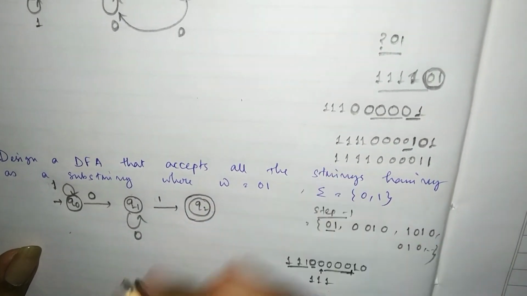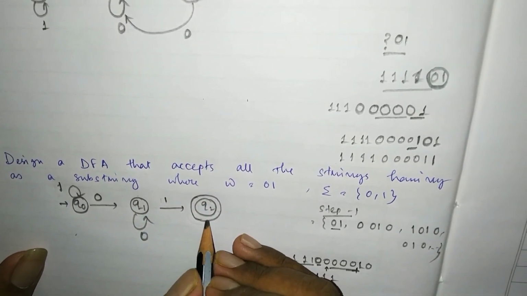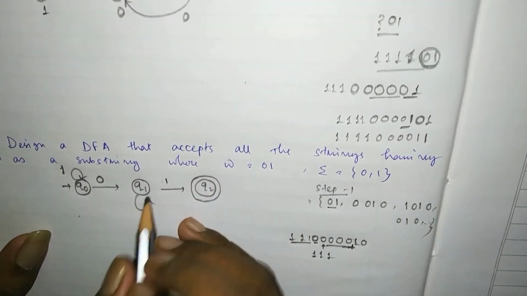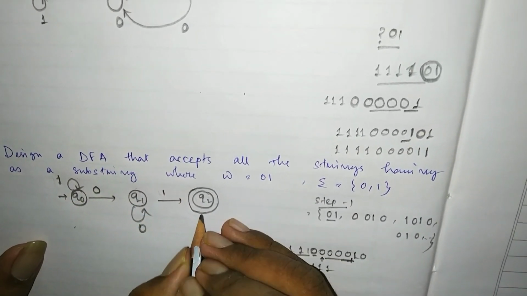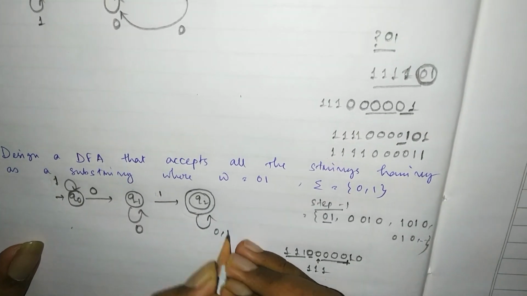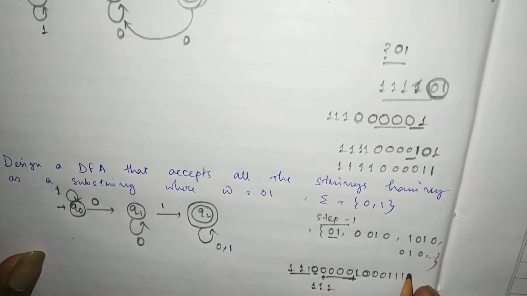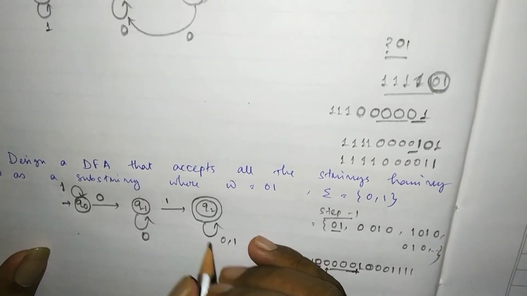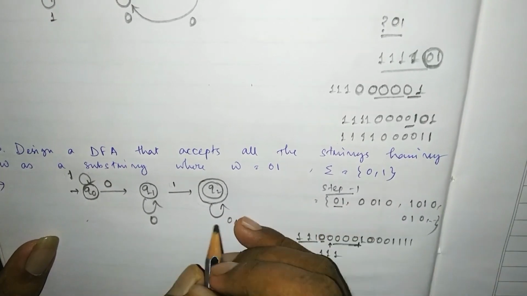Now, after reaching Q2, we have already satisfied the condition, so we can have anything over here: zeros multiple times, ones multiple times, anything. That is the reason we made a self loop. So this is how we can solve this problem.